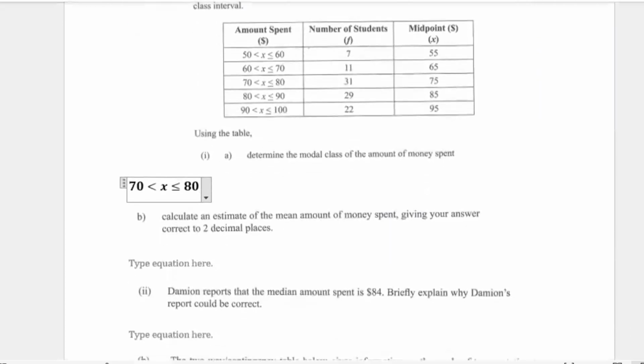Part B says, calculate an estimate of the mean amount of money spent, giving your answer correct to 2 decimal places. So they want us to calculate an estimate of the mean amount of money spent. So if you don't remember your formula, this is it. So mean, which should be an X with a slash over the top, mean is equal to the sum of f of x.